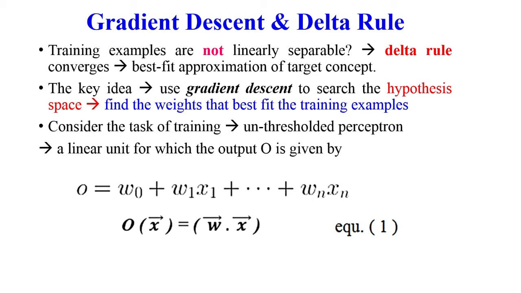To understand the training rule, consider the task of training an unthresholded perceptron, that is, a linear unit for which the output O is given by O = W0 + W1x1 + W2x2 and so on up to Wnxn. It means that O of x vector is equal to W vector multiplied by x vector.